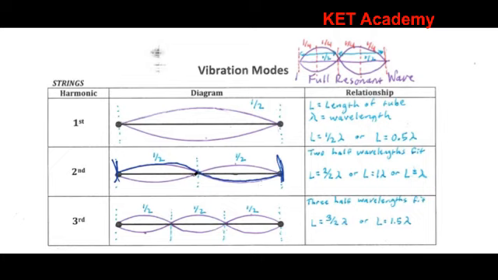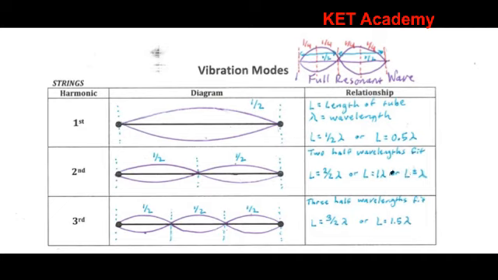So there's one full wavelength that fits on this string. So whatever the length of the string is also the length of the wave. And how we get a second harmonic is by essentially cramming more wavelengths into the same amount of space. Or we could think of it as allowing for the string to vibrate at double the rate that it did in a first order harmonic.